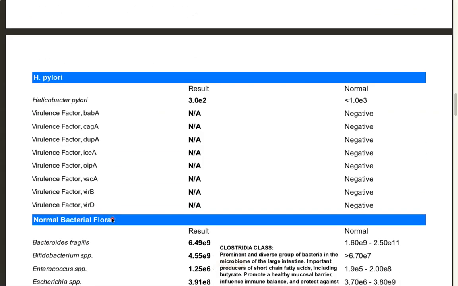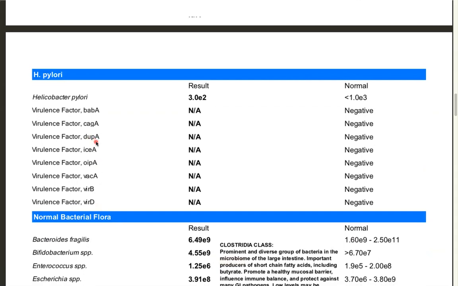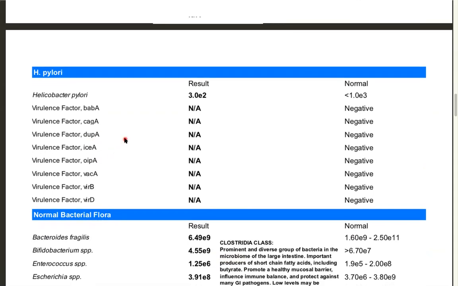H. pylori is a bacteria that lives in our stomach. And if given the opportunity, it could grow and cause symptoms like GERD. That's the classic symptom: acid reflux, some burning, irritation in the stomach.